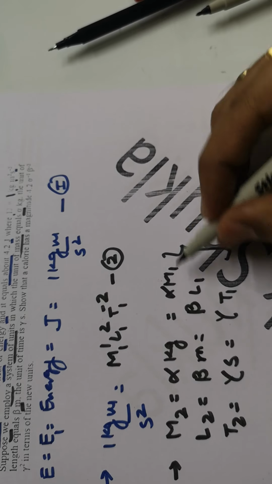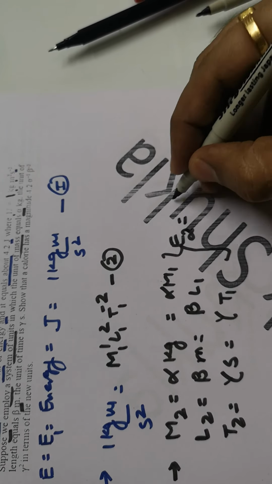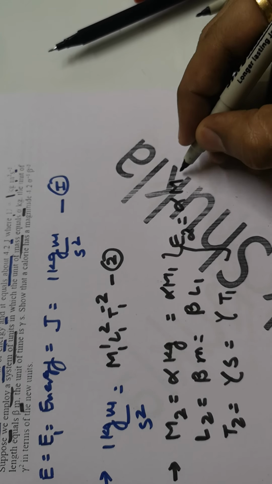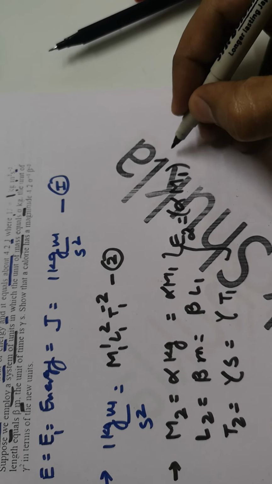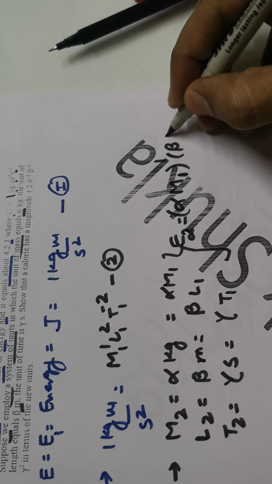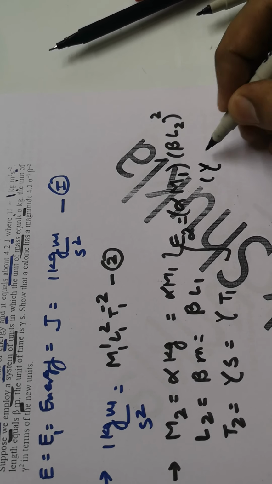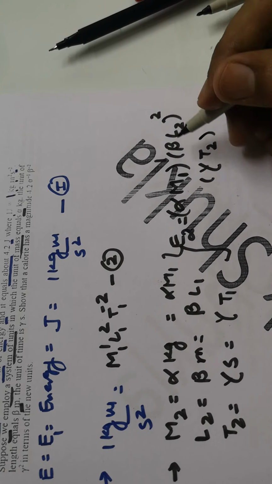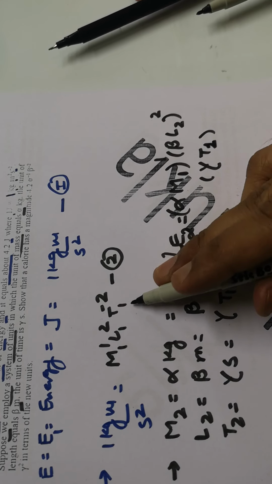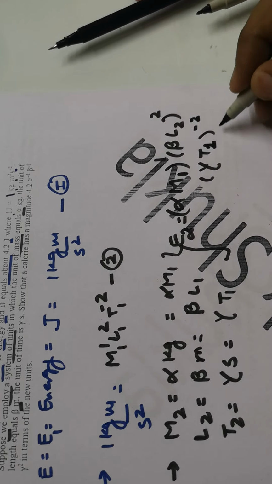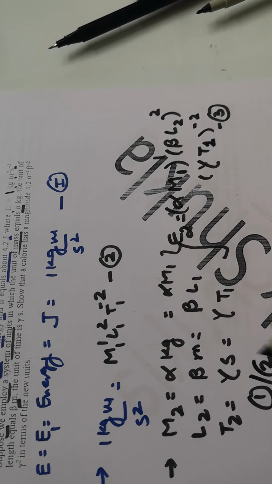So my dimensional configuration of this entire E2 will be alpha times M1, its power is 1, beta times L2, its power is 2, and gamma times T1 raised to minus 2. I am taking the ratio 1 divided by 2.